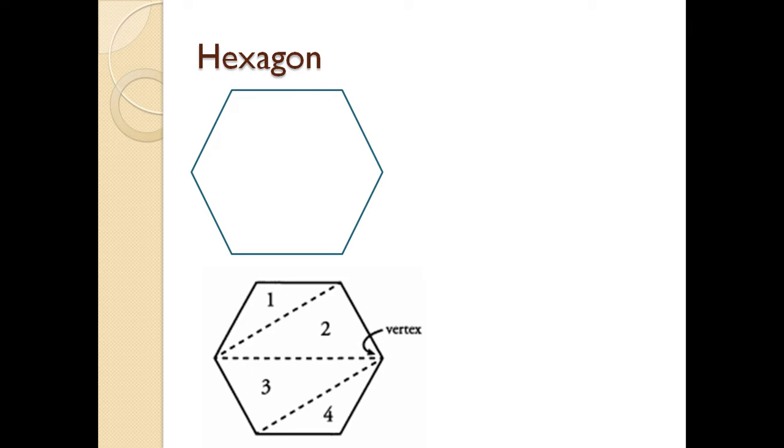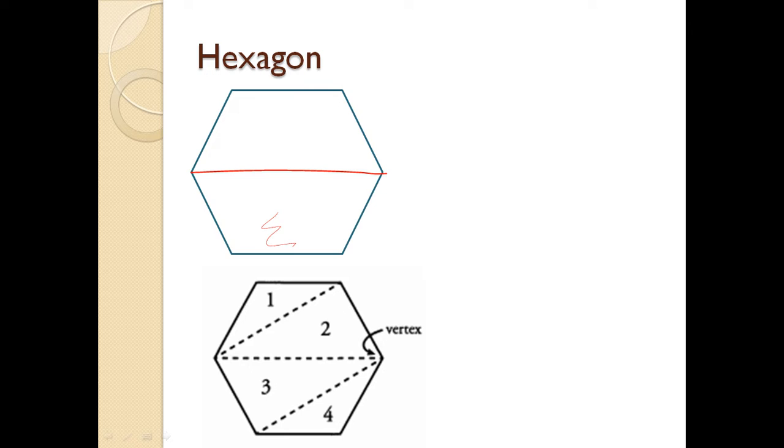See, here one hexagon is given to you. You have to find the sum of the interior angles of this hexagon. So what we will do, we will convert this into two quadrilaterals. This is one quadrilateral and this is the other quadrilateral.